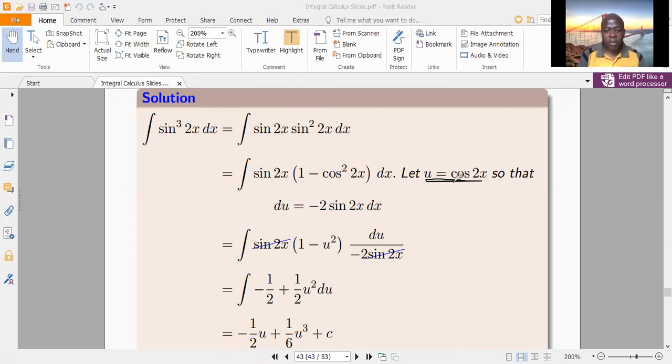And we know how to differentiate these trigonometric ratios, that the derivative on the left will be du, and the derivative on the right will be negative 2 sine 2x dx. So making dx the subject of the formula, you would have du over negative 2 sine 2x.